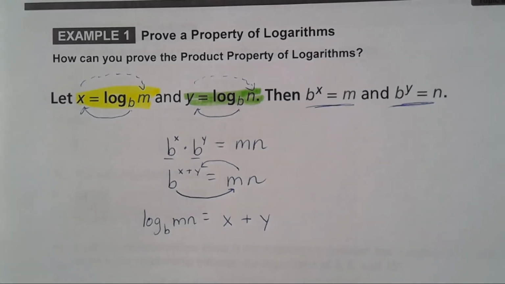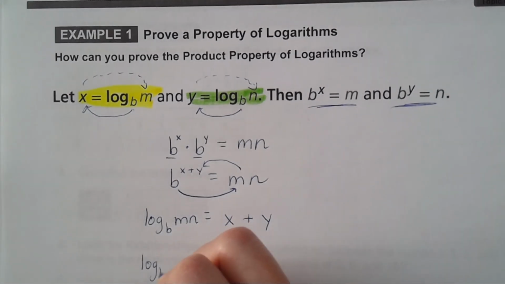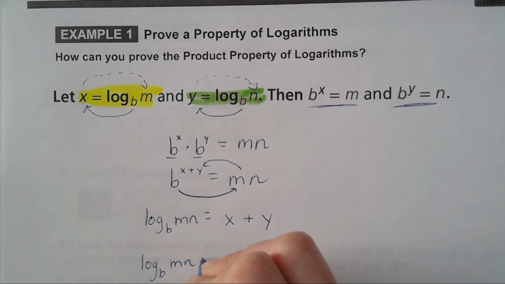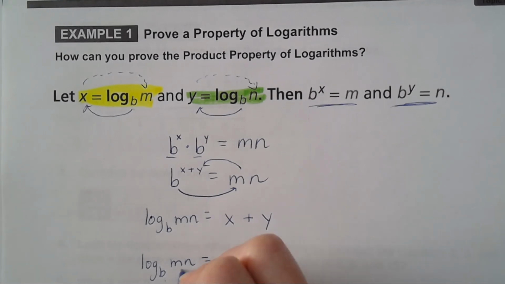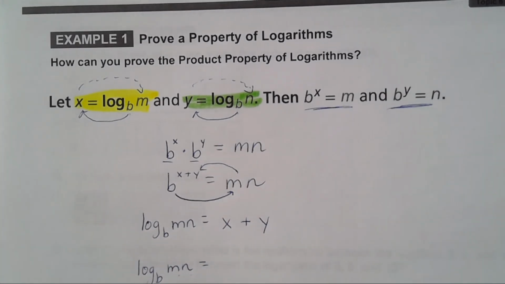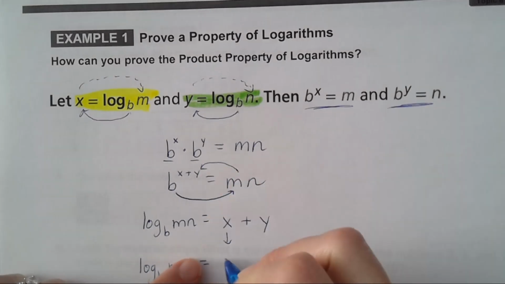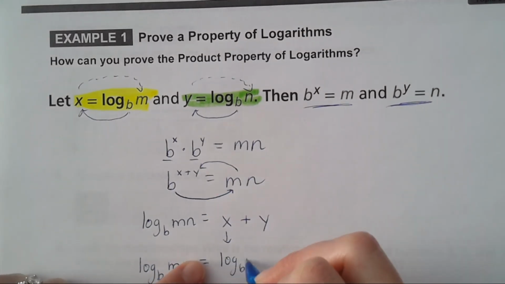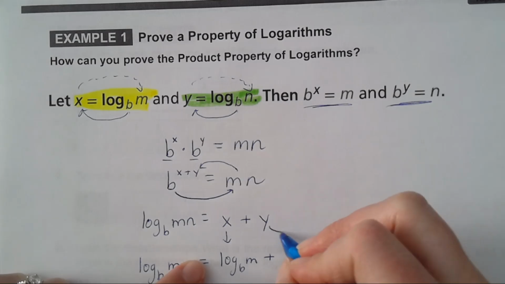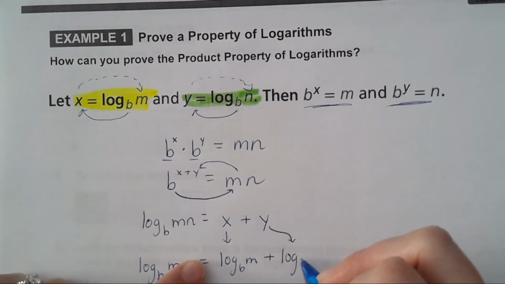Which means that this log base b of mn, two things multiplied together, is the same as, well, what was x? X was the log base b of m. What was y? The log base b of n.